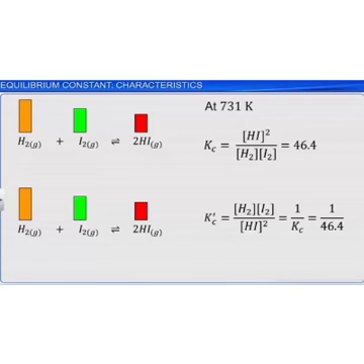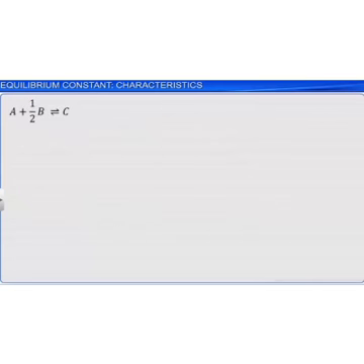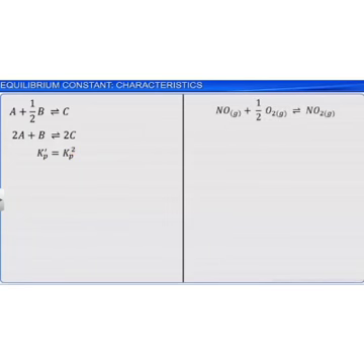If a chemical equation is multiplied by a certain factor, then its equilibrium constant must be raised to a power equal to that factor in order to obtain the equilibrium constant for the new reaction. For example, the reaction of nitric oxide and oxygen to form nitrogen dioxide may be written in two equivalent ways.